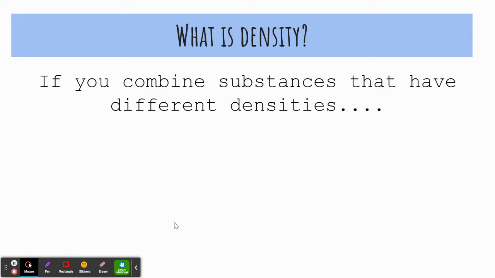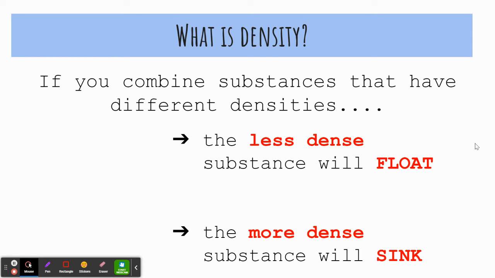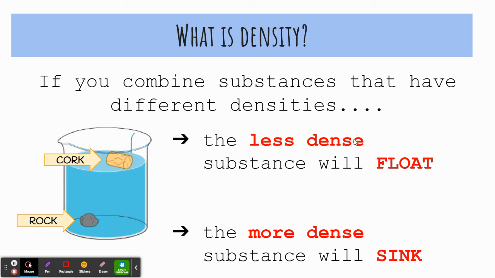So if we compare densities of different objects, if you combine these substances that have different densities, the less dense substance will float and the more dense substance will sink. Another way you can think about density is saying that it's lighter.